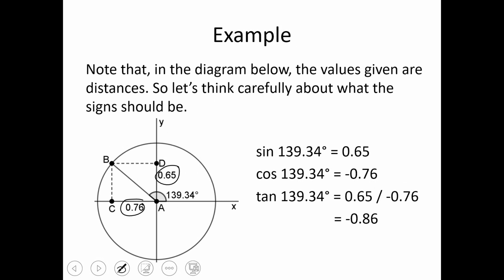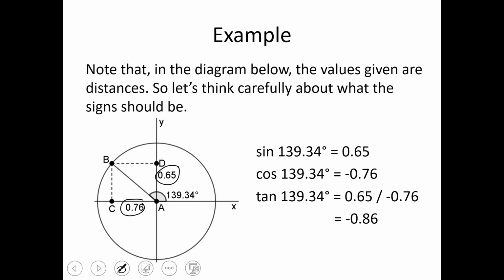So let's see. Sine 139.34, that's our alpha, the angle formed with AB and the positive part of X. Well, the sign is the directed length AD. But A to D is up, so the 0.65 should be positive, so we'll leave it just like that. The cosine of 139.34, well, that's by definition AC, but that is leftward directed.